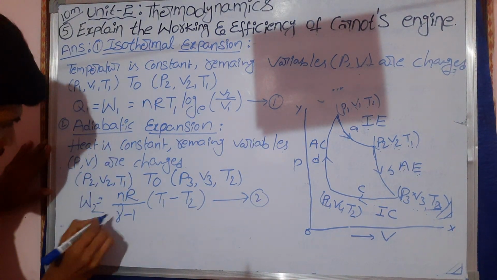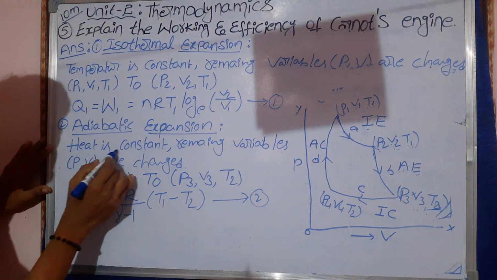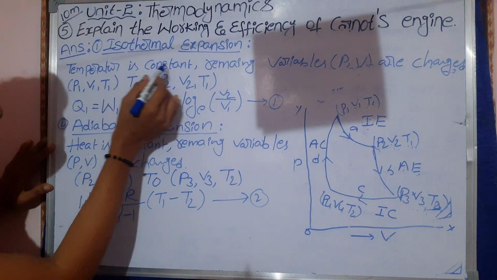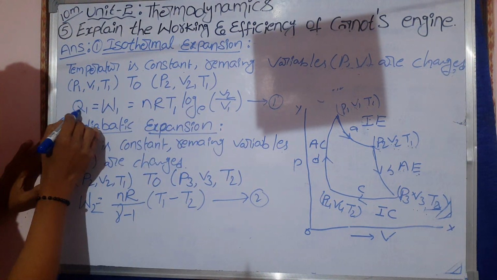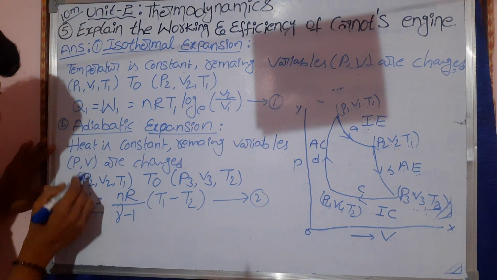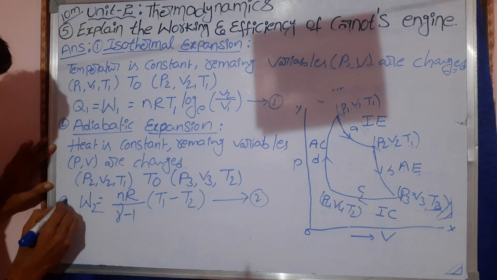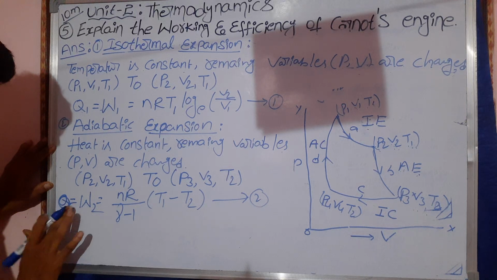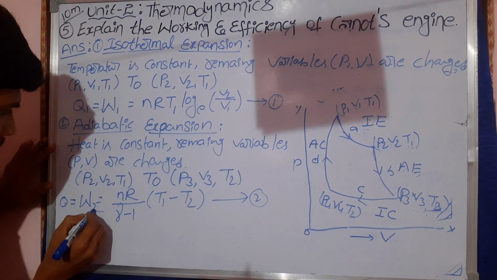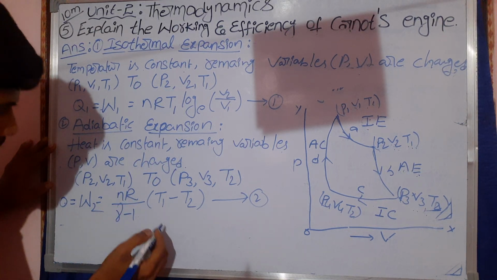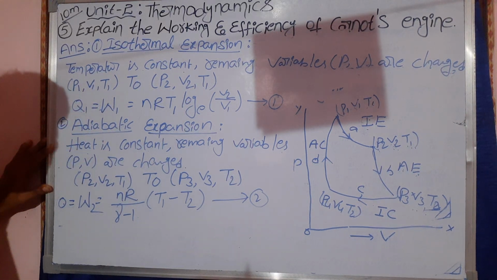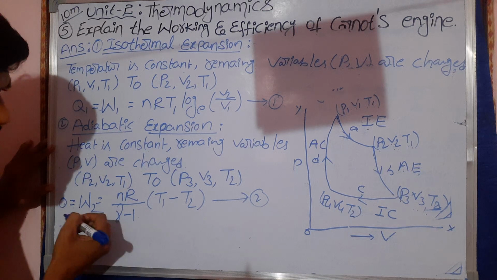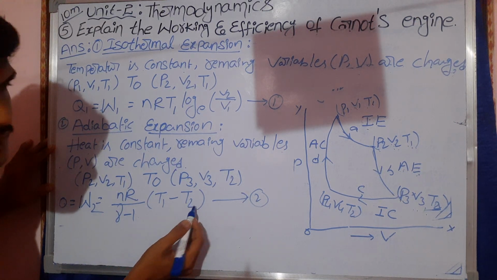Heat is constant, so Q2 equals 0. N means number of moles, R means gas constant, gamma means specific heat ratio, T1 and T2 mean temperatures.